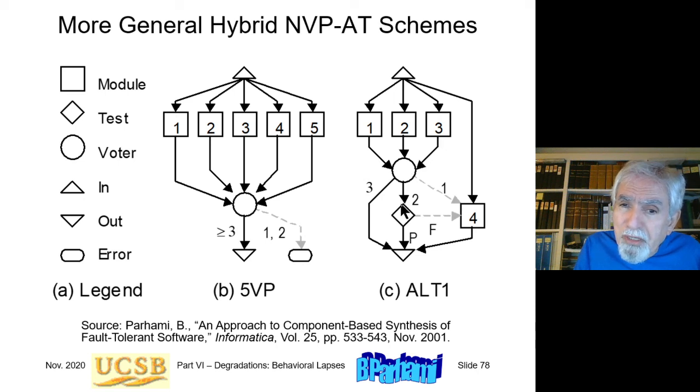If 2 versions agree, these 2, let's say, agree, and the 3rd one disagrees, then we have less confidence in the correctness. Only 2 agree, and we have 5 versions, okay? So we can subject that output that was agreed upon by these 2 to an acceptance test and become more or less confident that that's the correct output.